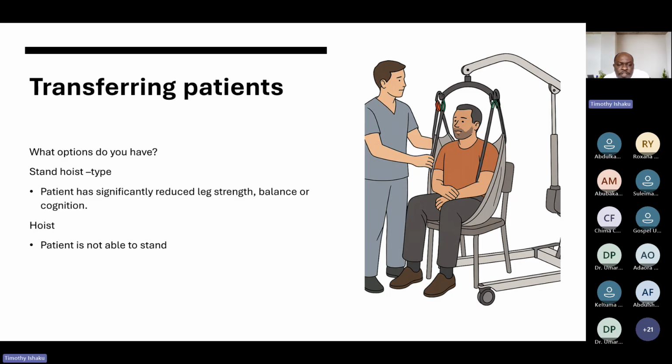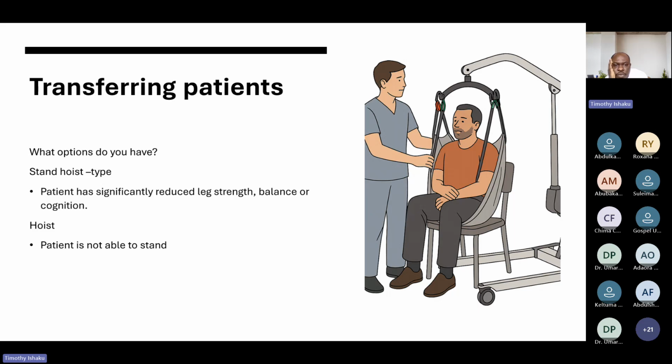A hoist is predominantly used for patients who have significantly reduced ability and strength, who can't help in doing most of those tasks. And there are different types of hoist, I would say.